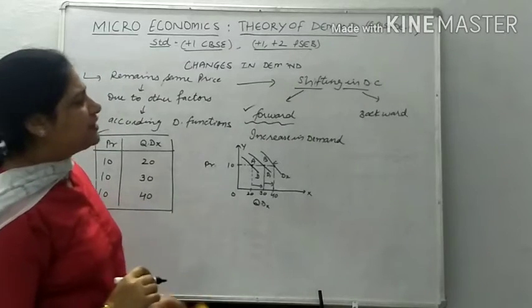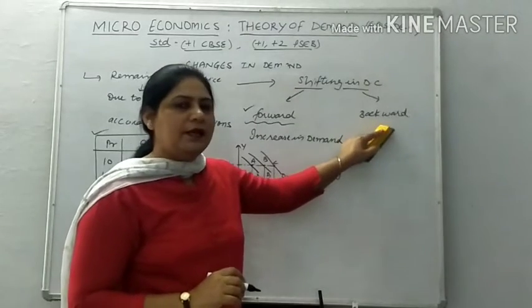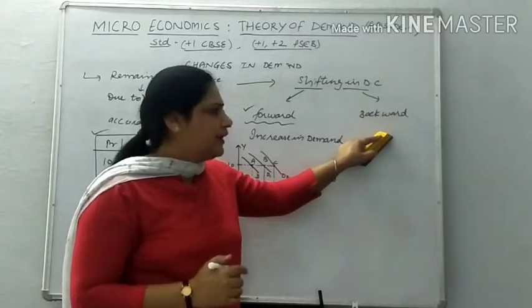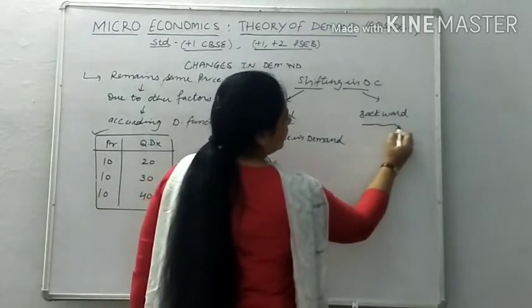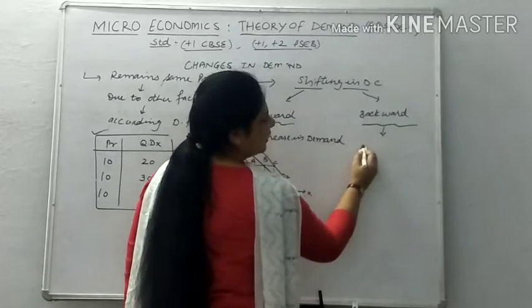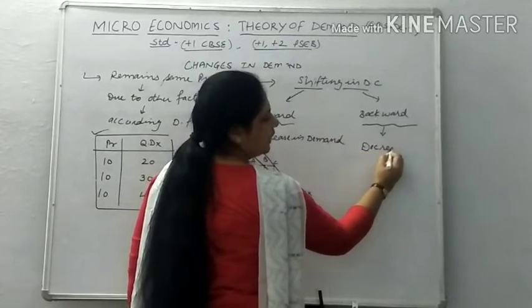Now if such changes occur the other way, we call it backward shifting. Backward changes occur that indicates decrease in demand.